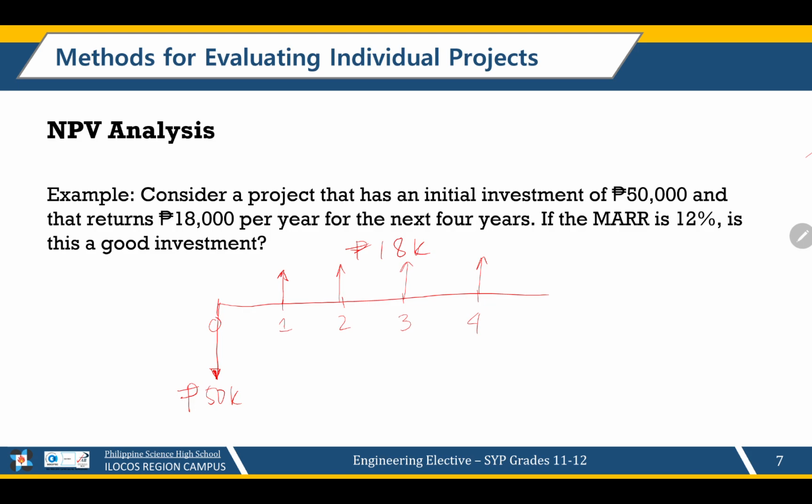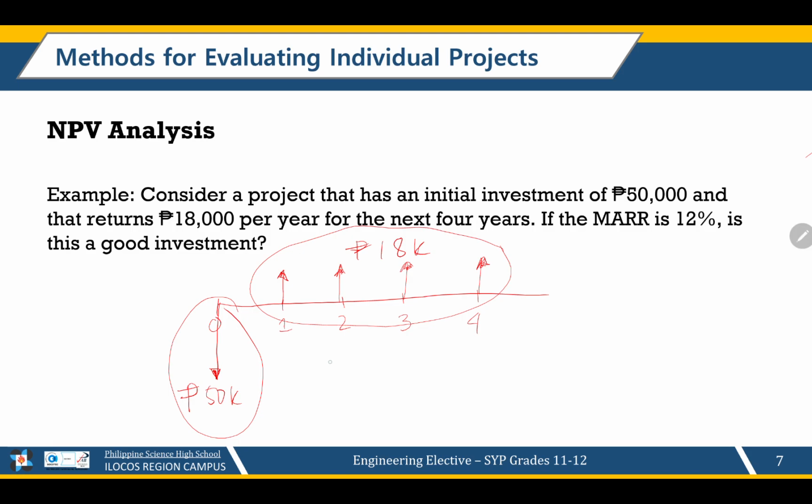Okay, so using NPV, what we are going to do is to transform all cash flows into present value. This 50,000 right here is already a present value, so no need to transform. However, for these annual revenues of 18,000, they are not in present value, therefore we are going to transform.